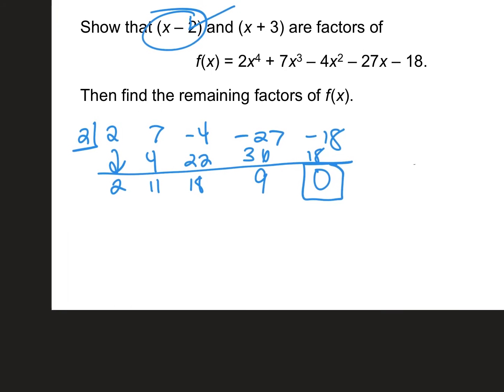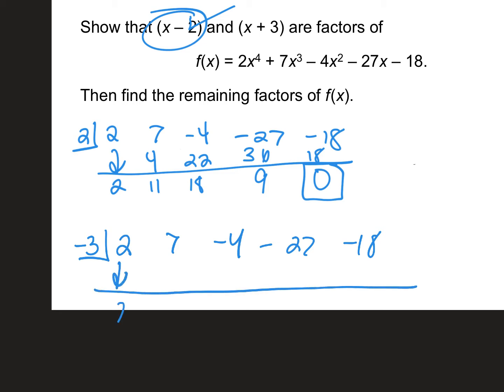We'll do the same thing with x plus 3. So I'm going to set x plus 3 equal to 0. Negative 3 goes in my box. I'm going to evaluate: 2, 7, negative 4, negative 27, negative 18. Bring down my 2. 2 times negative 3 is negative 6. 7 and negative 6 is 1. 1 times negative 3 is negative 3.